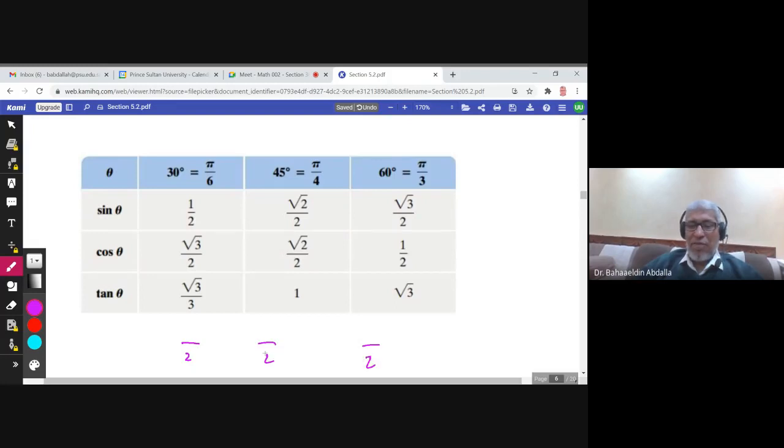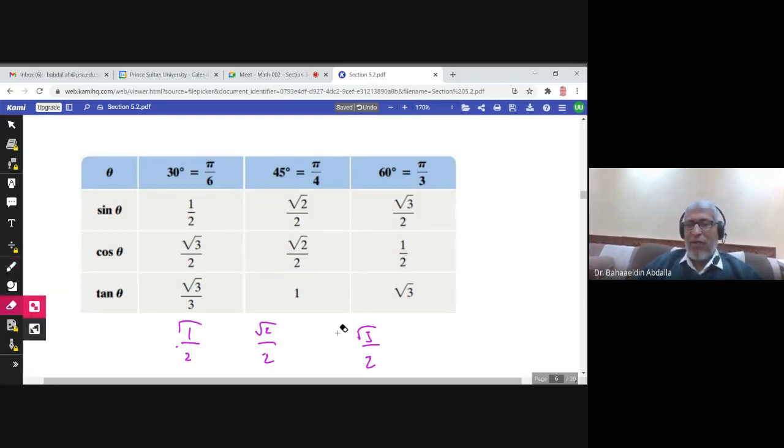So there is always 2 in the denominator. And then in the numerator, write 1, 2, 3, and put square roots. So this will give you sine of pi over 6, sine of 45, sine of 60. Remember that square root of 1 is 1. For cosine, you start with 3, 2, 1, not 1, 2, 3.